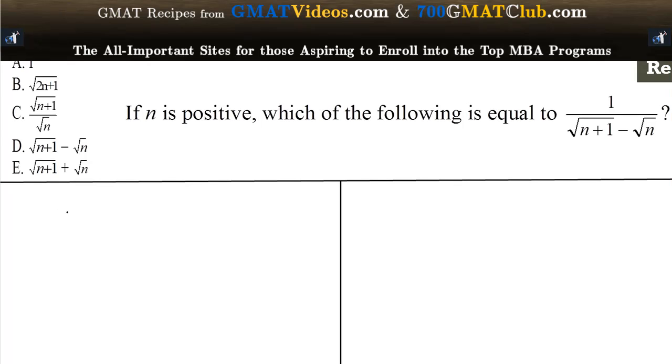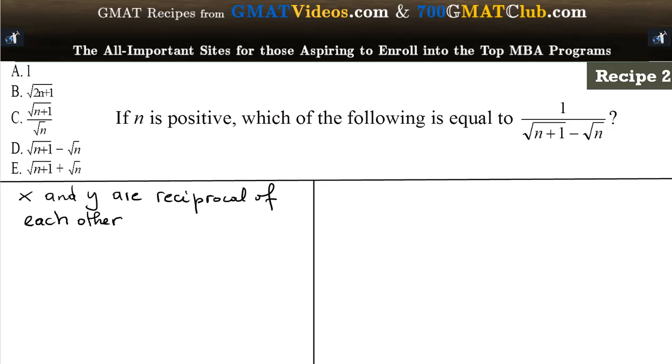So, in order to remind you of what a reciprocal is, I'm sure most of you know this, but you never know. I would say that x and y are reciprocal of each other if the product xy equals 1.